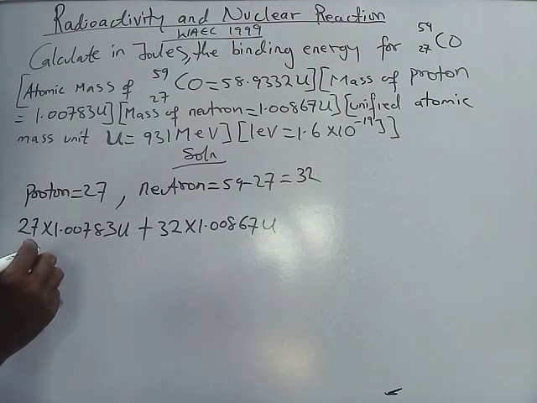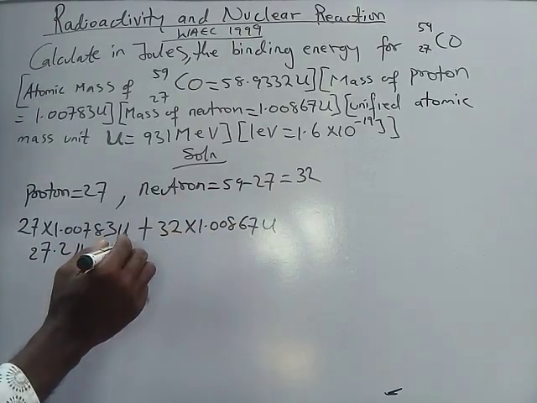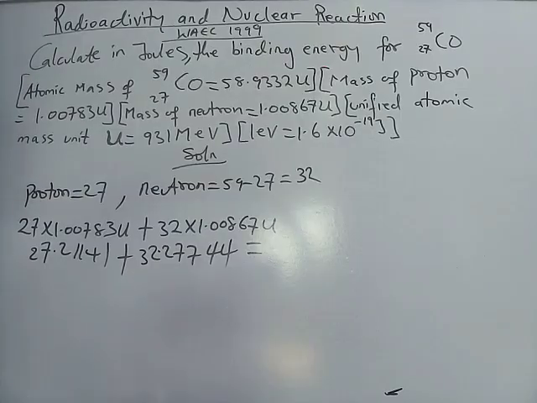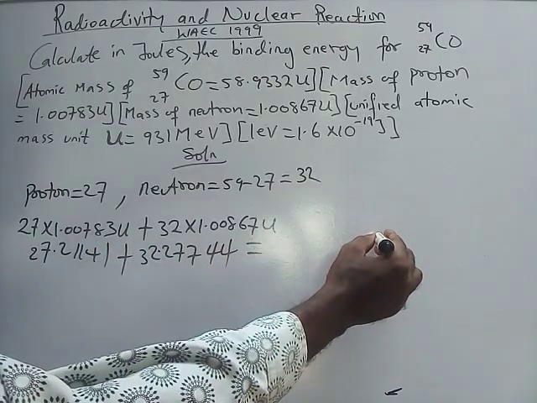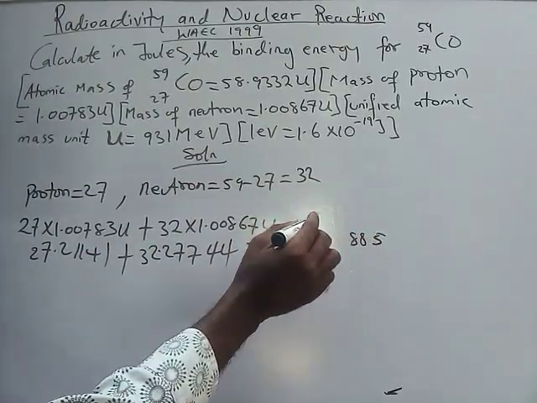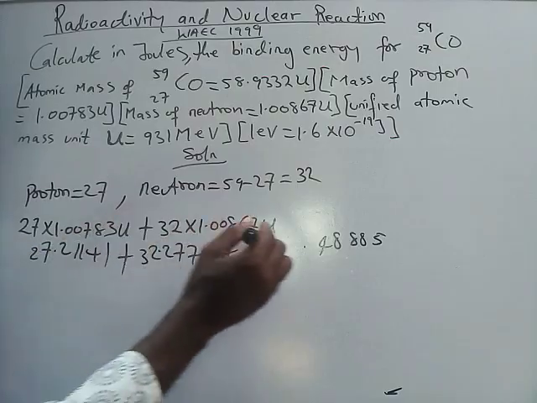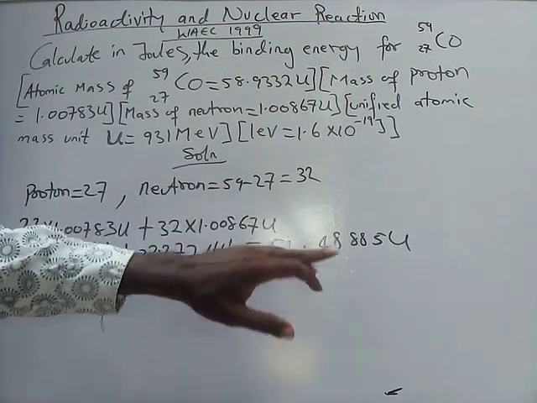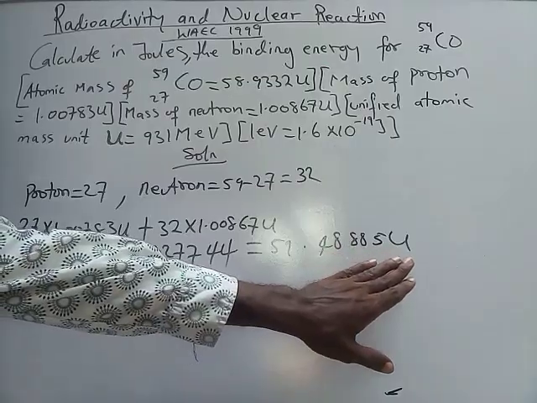When you multiply these, you have 27.21141 plus 32.27744, and by the time you add them together, we get 59.48885 U. So when 27 protons and 32 neutrons came together, everything has a mass of 59.48885 unified atomic mass units.